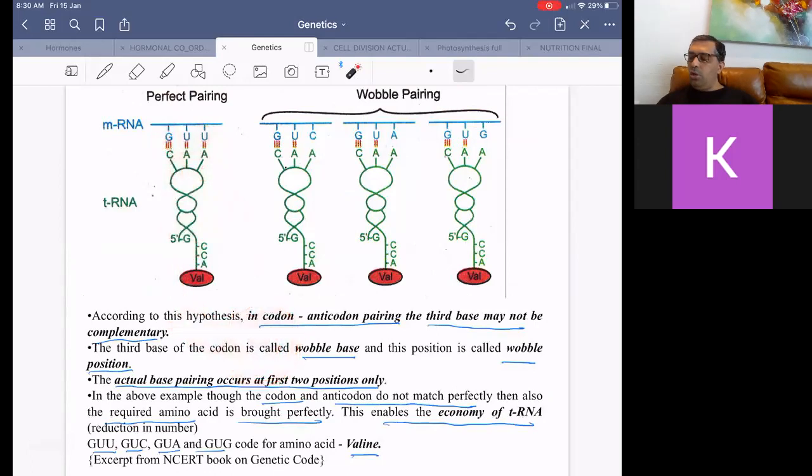So for codon GUU, which anticodon will come? CAA. So G will pair with C, triplet. U will pair with A, doublet. U will pair with A, doublet. Perfect pairing. That is called perfect pairing.